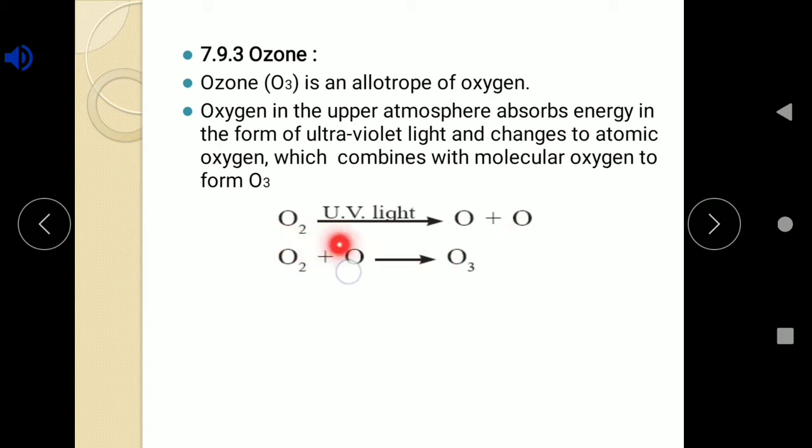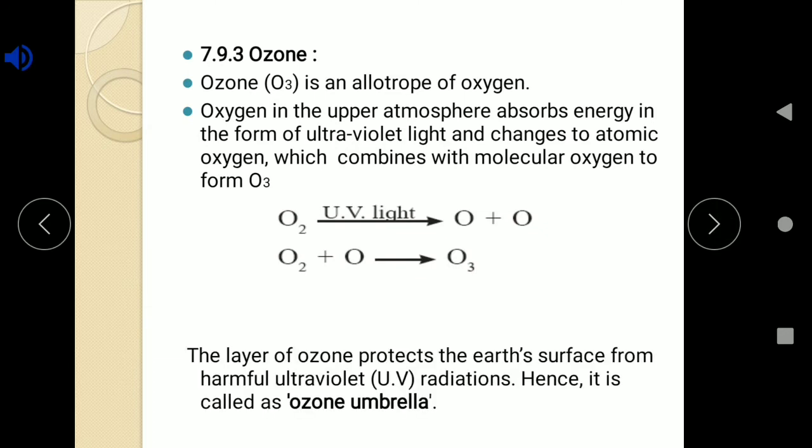Molecular oxygen, by the ultraviolet light coming from the sun, gets converted into atomic oxygen. This atomic oxygen, being unstable, is very reactive. It immediately reacts with molecular oxygen and converts it into ozone. Thus, these two reactions are continuously going on, and ozone is formed in the upper atmospheric layer.